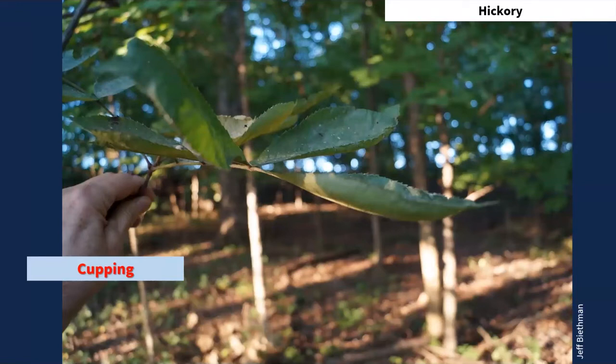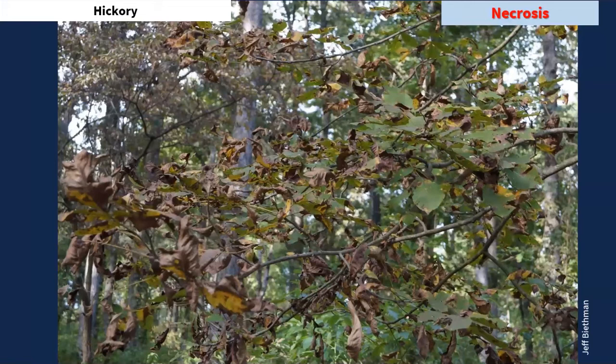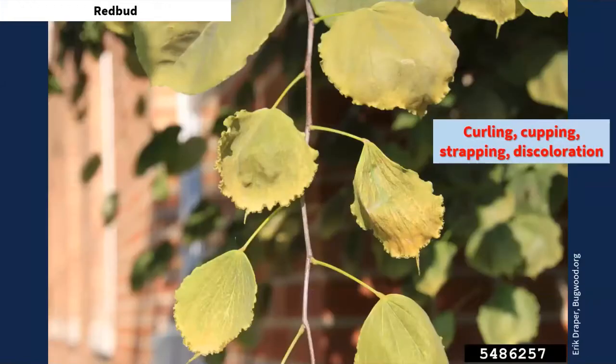Hickory, this is one that's cupping upward like this. Hickories do seem to be fairly susceptible to herbicide exposure. And then just necrosis, dieback of the leaves like this is another kind of more extreme example. And then curling, cupping, strapping, or puckering.